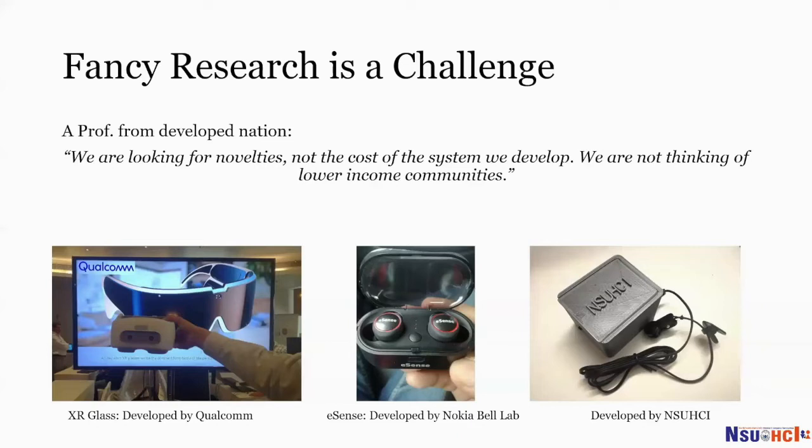When I geared up, I saw myself standing on a balcony on top of a mountain, seeing Mount Everest in front of me, and the sound effect was mind-blowing. These are made by Qualcomm, but maybe we can develop these kinds of things, though we do not have support. And who actually uses this Qualcomm glass? It is more expensive than you can buy. Even I can't afford this thing. Maybe it is more than $2,000. So our low-income community never buys these things.